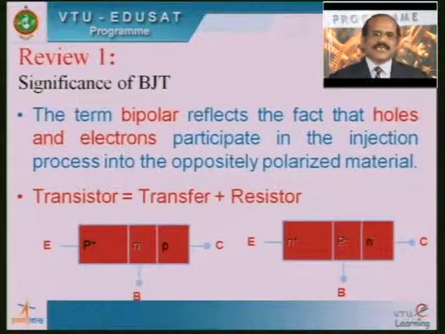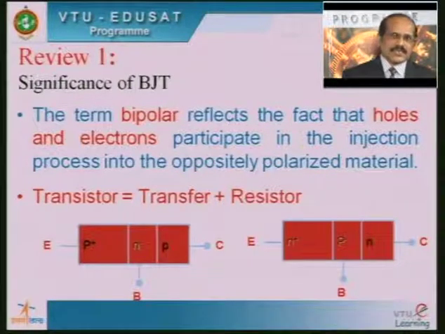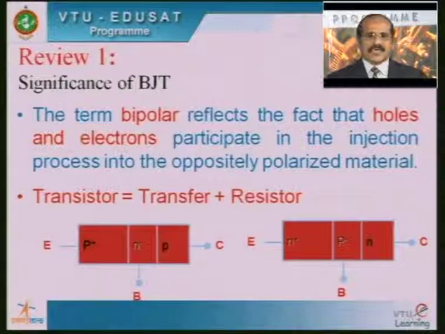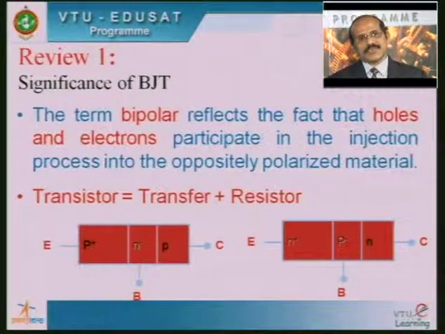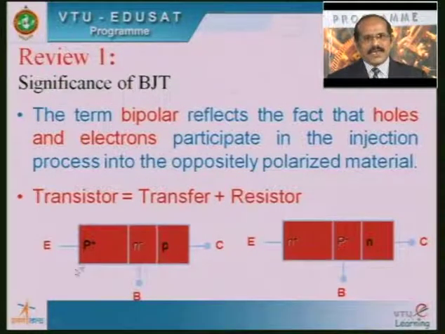Whenever an AC signal is applied across the transistor, the AC signal is transferred from a low resistance region to a high resistance region. Here, in a PNP transistor, the P plus acts as the emitter, N minus acts as the base, and the P layer acts as the collector.